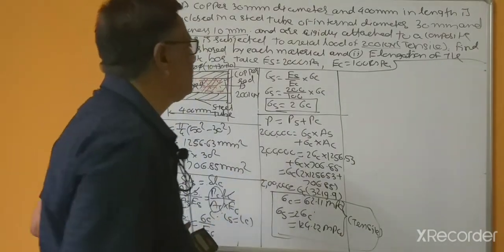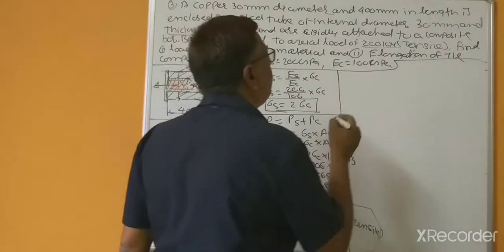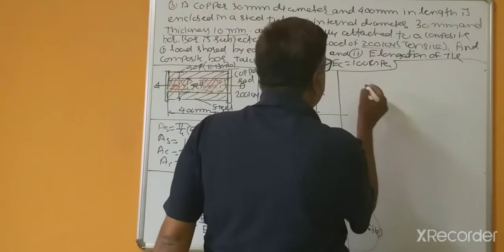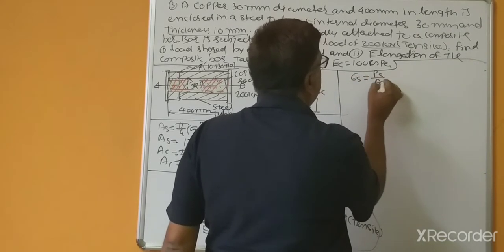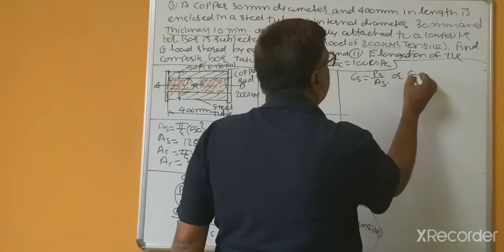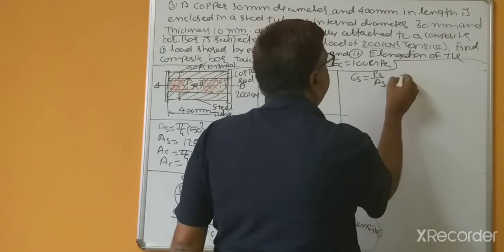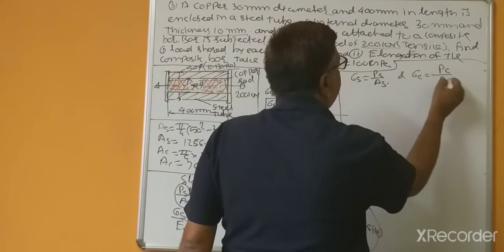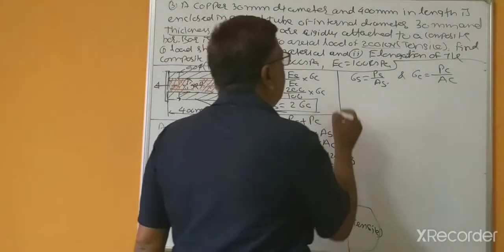So this is you got the first answers. Actually this is the load shared by each material. So load shared by each material: PS, or you can use the relation sigma S equal to PS divided by AS, and sigma C equal to PC divided by AC, because the load is to be calculated.